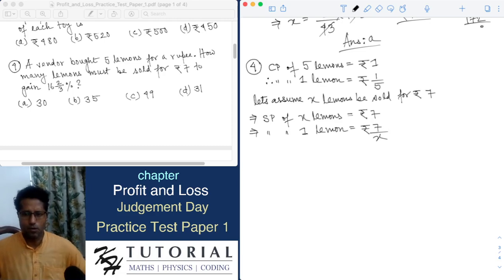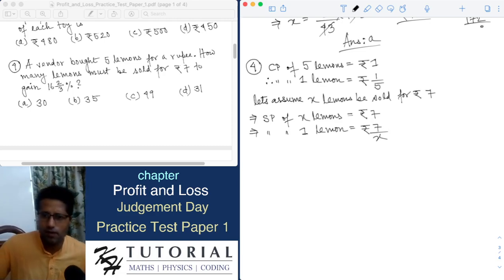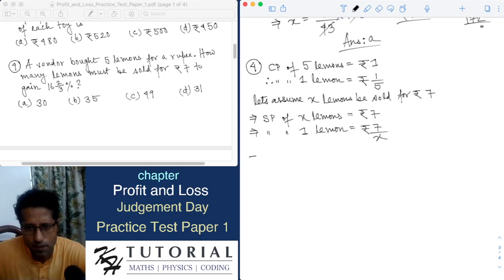So we have the cost price of 1 lemon to be rupees 1 by 5 and the selling price of 1 lemon to be rupees 7 by X. So this implies, since it is talking about a gain, there should be a gain of 16 and 2 by 3%.